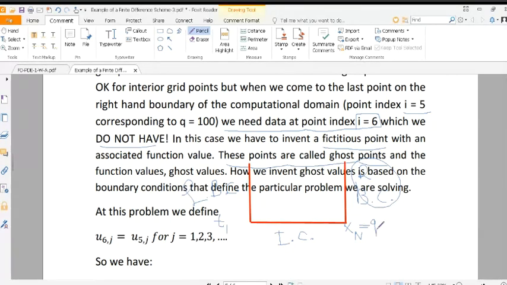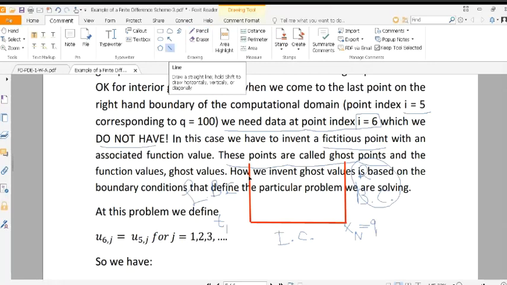The boundary condition should be indicated in the problem. In this example, we define the boundary condition as u6,j equals u5,j for every j.